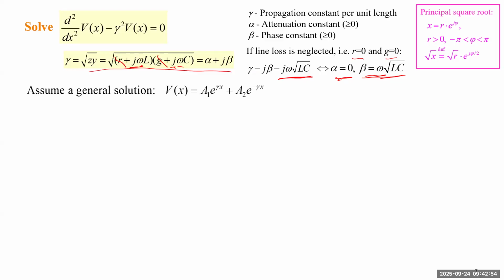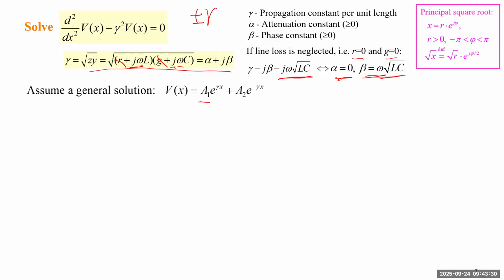All right, so let's solve this second order linear differential equation. For such an equation, we can always assume a general solution. Because this is a second order differential equation, if you solve it, you have 2 eigenvalues: basically a positive and a negative gamma, right?